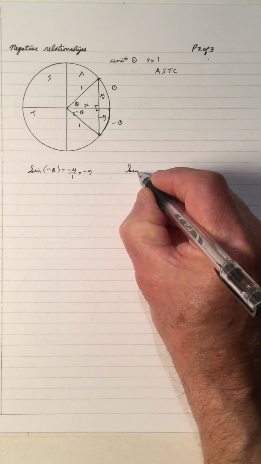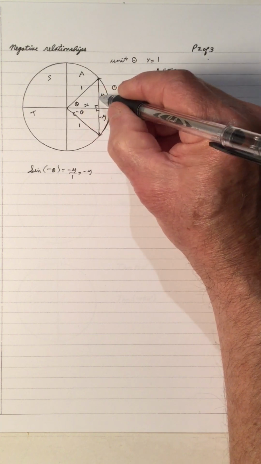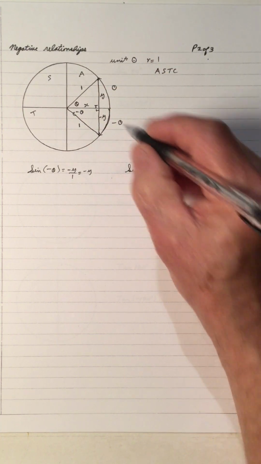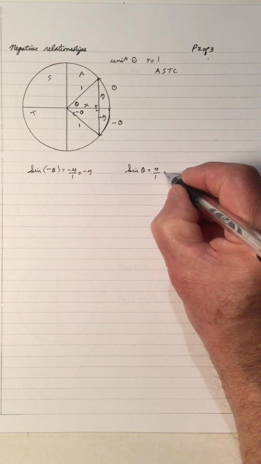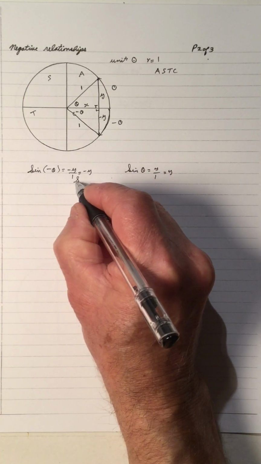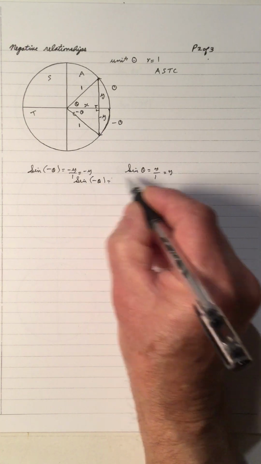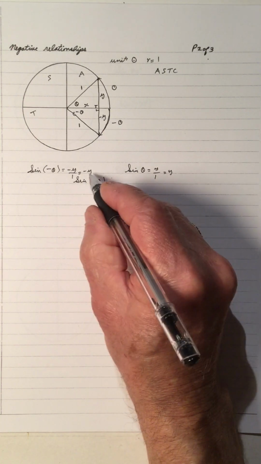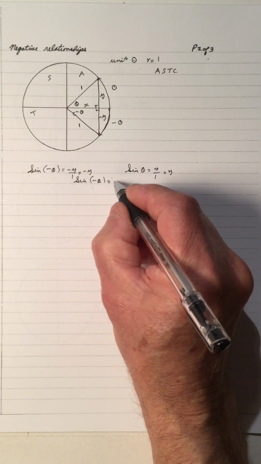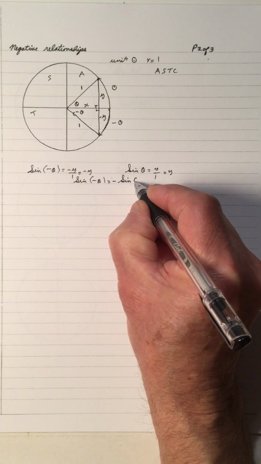Now, the sine of theta, which is in the first quadrant, is opposite, which is y, over hypotenuse, which is 1. So that's y. So both of them are y's, but they're opposite of each other. So the sine of negative theta is the negative sine of theta.